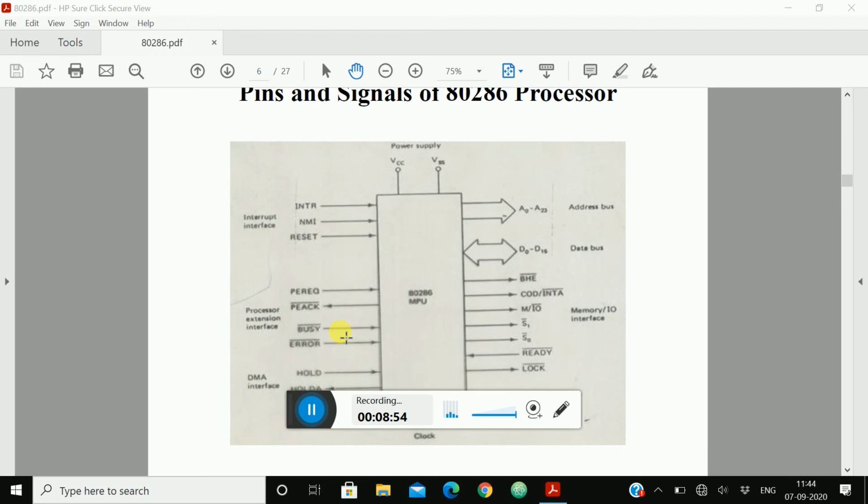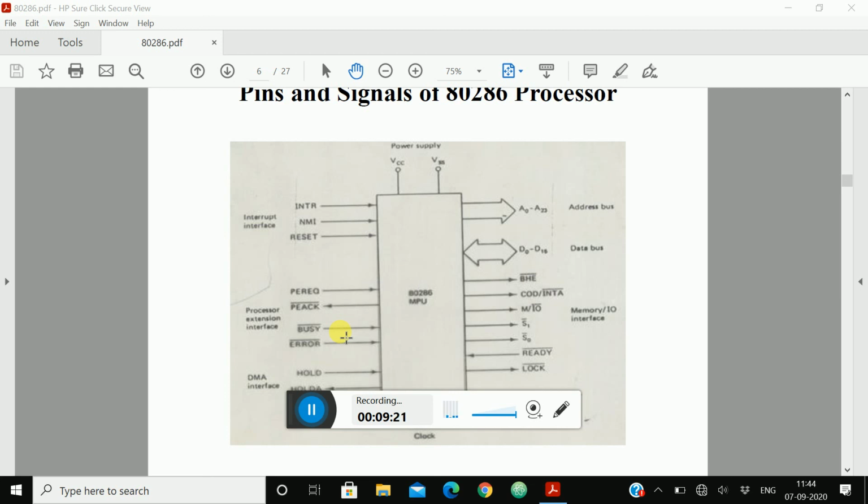If a coprocessor finds some error during processing, it will assert the error input to the 80286, and this will cause the 80286 to automatically do an interrupt call.